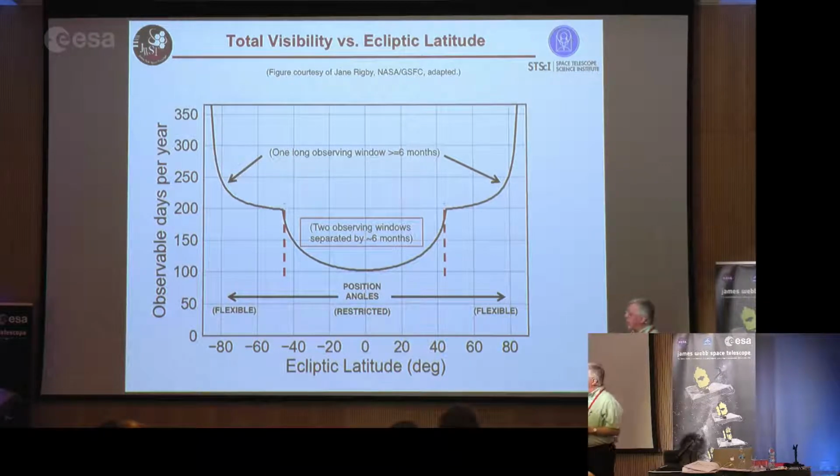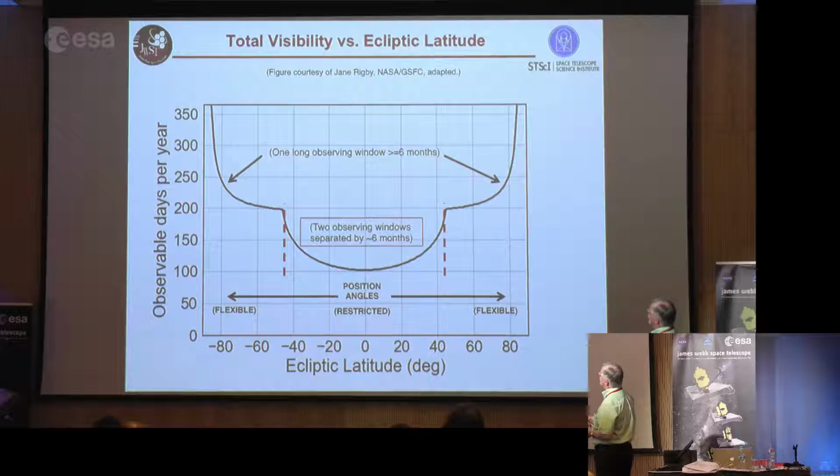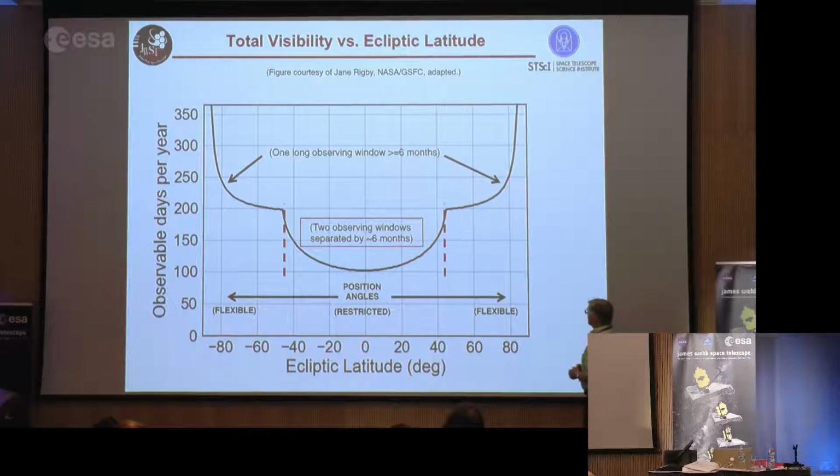Now here's a plot that gives you a little sense for what's going on. There are different ways of looking at these things. This is a plot of how many days per year you can observe a particular spot on the sky versus the ecliptic latitude along the x-axis. You see this rather bowl-shaped curve that comes up to about 45 degrees and then takes on a different shape above plus and minus 45 degrees.